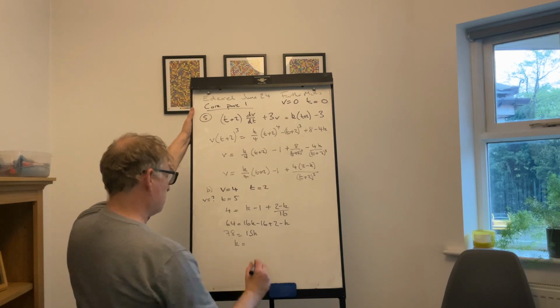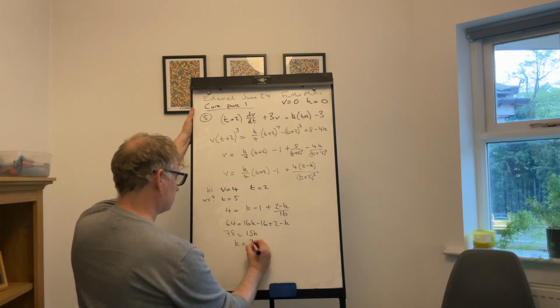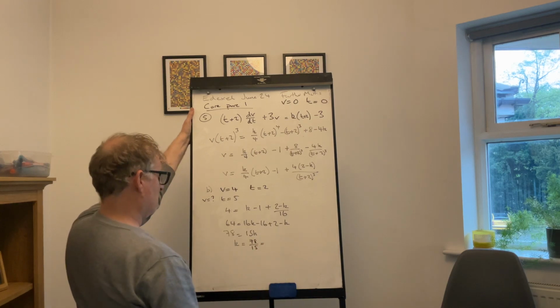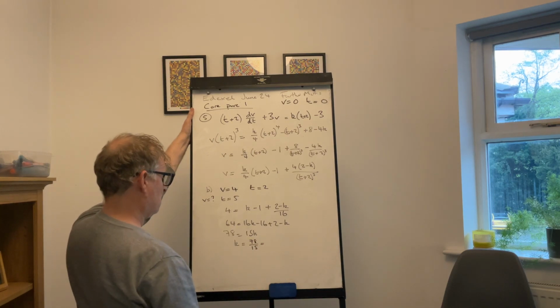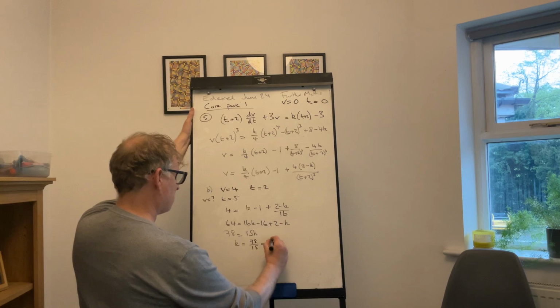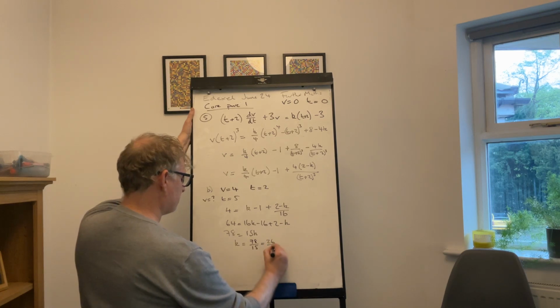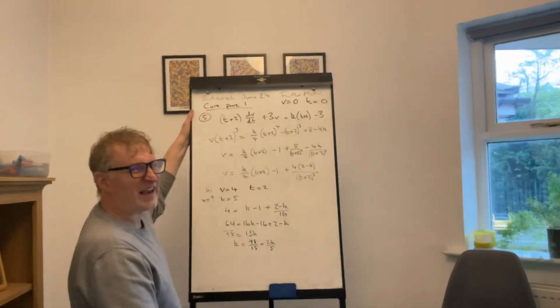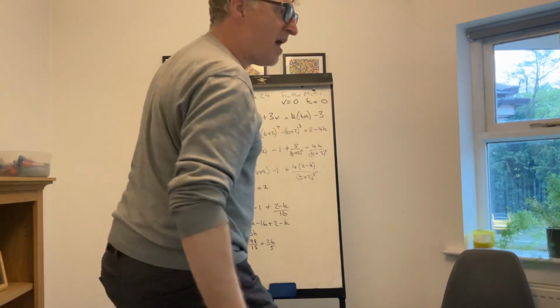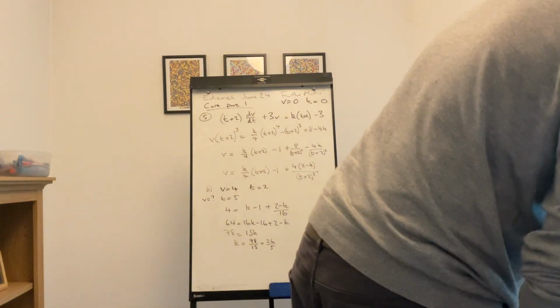So that's 5 1/5, isn't it? Yeah, so 26 over 5. Just going to quickly check that I haven't done anything stupid there. Okay. Yep. 26 over 5.